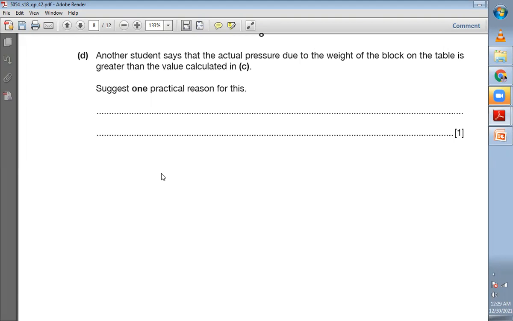So when you draw that line, the actual length and width on the paper is more than the actual length and width of the rectangular box. So when you calculated the area, obviously that area is larger than the actual area. So that's why the pressure will be actually more than the pressure you just calculated.